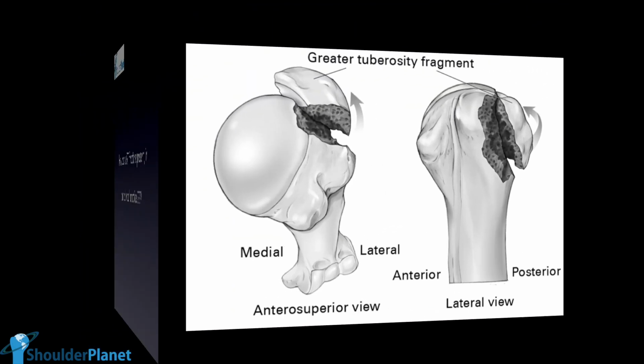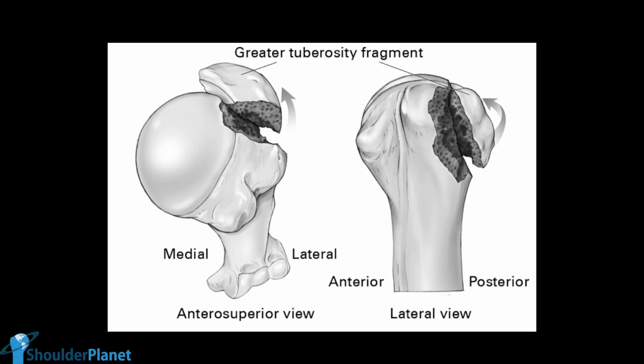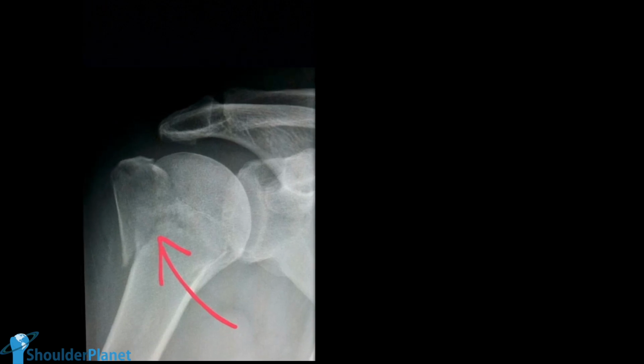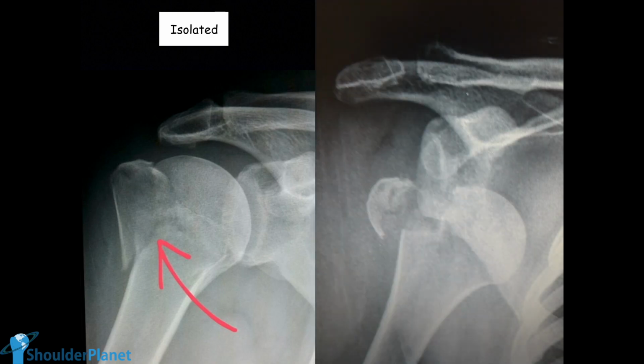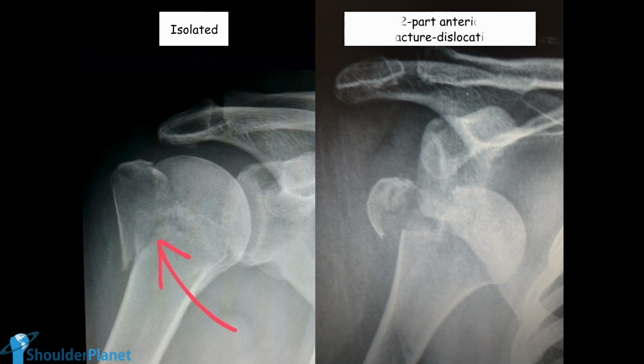Well, in two different situations. Here we are seeing the greater tuberosity fragment, which can be small or even bigger, depending on every case. But they can happen in our clinical practice in two different scenarios. Firstly, of course, they can happen as an isolated fracture, which is quite common, and eventually in a two-part anterior fracture dislocation.